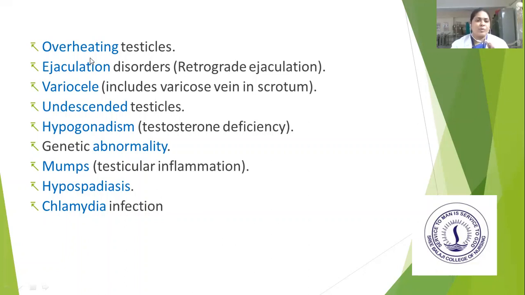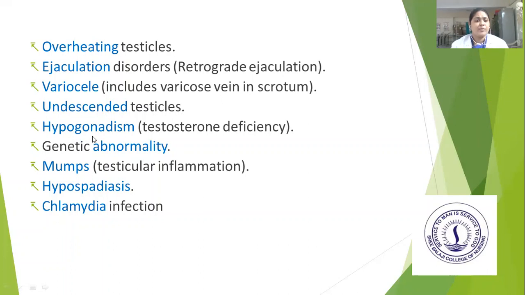All these problems happen with overheating of the testicles. Ejaculation disorder, that is retrograde ejaculation. Next is varicocele: if they have a varicose vein in the scrotum, that is also a cause of infertility among men.